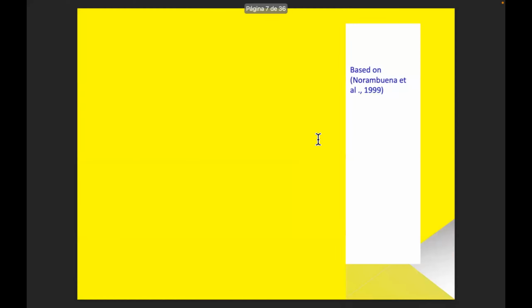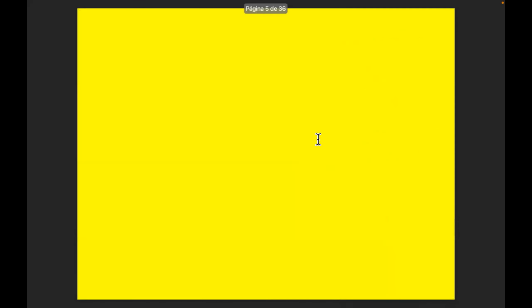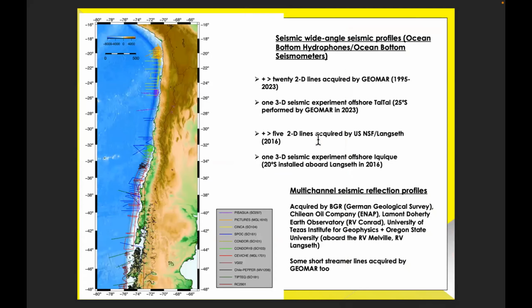Okay, let me now go to the data. The Chilean margin has been studied by several research cruises, many projects, mainly from Geomar, from Germany.